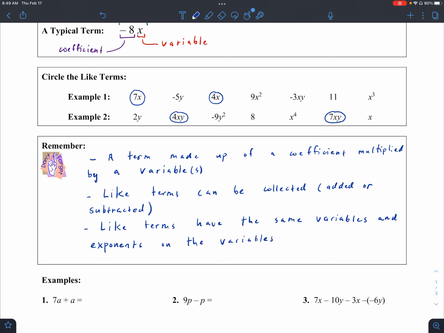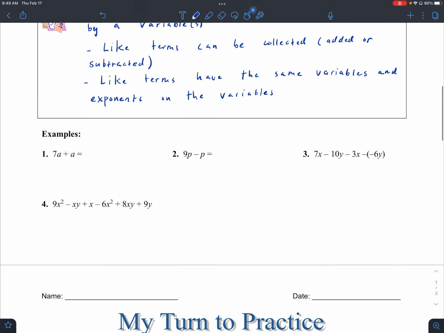Okay, and so those are the key things that you want to remember. Okay, so let's have a look at some more examples.